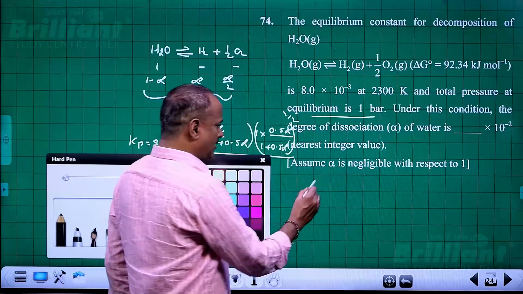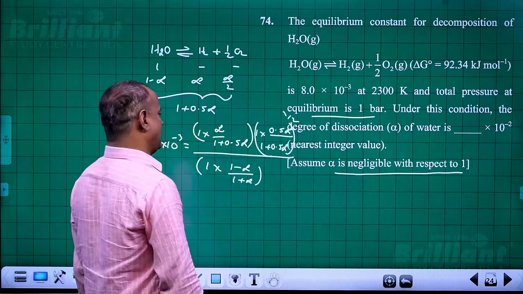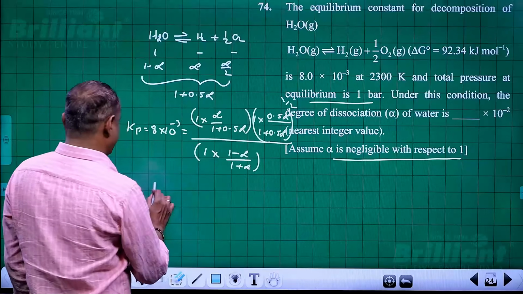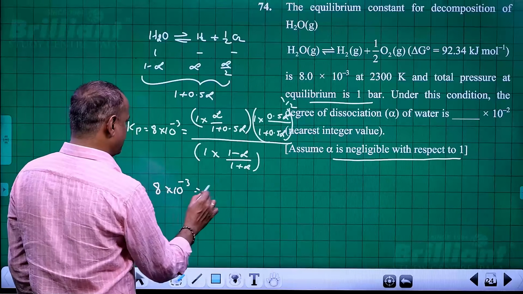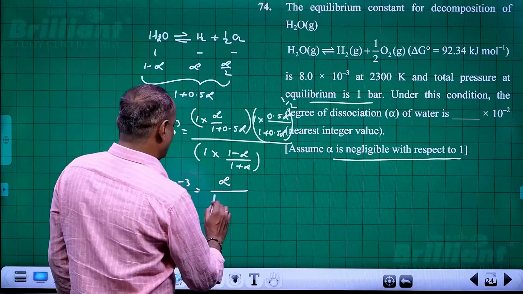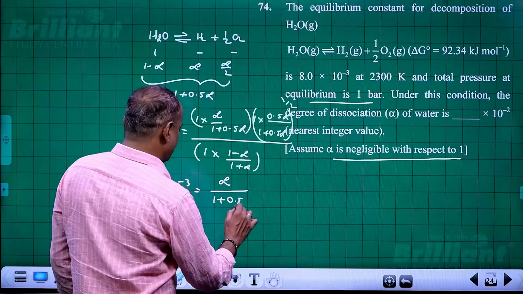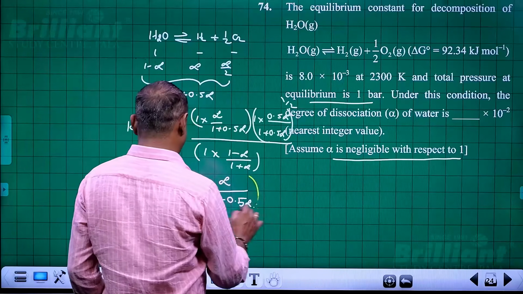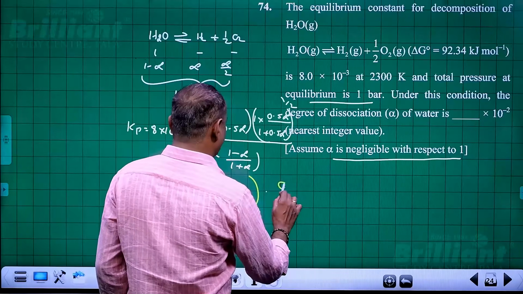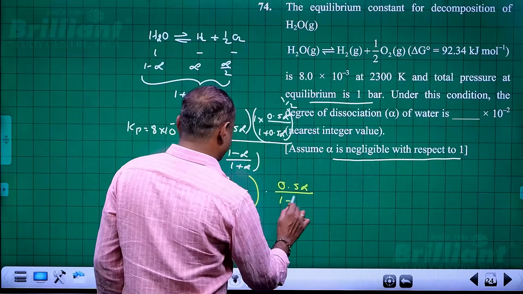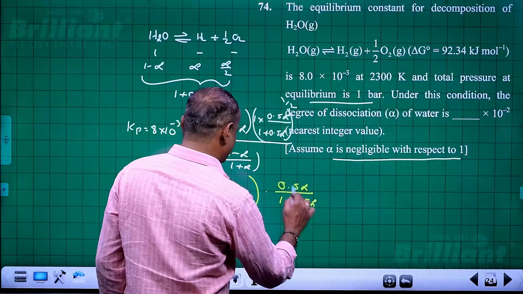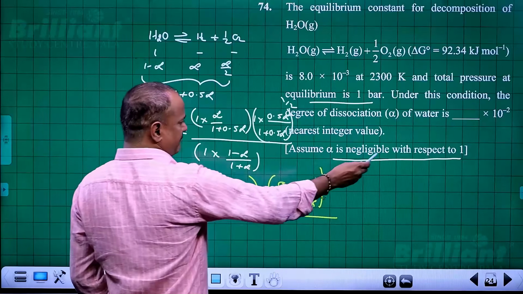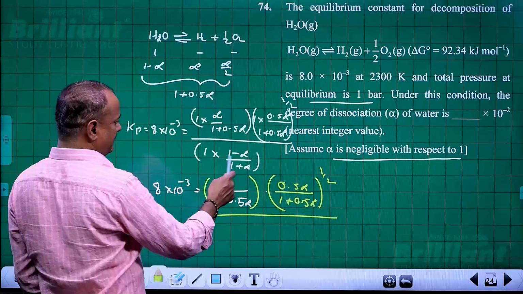Assume alpha is neglected with respect to 1. That means 8 into 10 raised to minus 3 is equal to alpha by 1 plus 0.5 alpha, times root of 0.5 alpha by 1 plus 0.5 alpha, by 1 only, because alpha is negligible compared to 1, therefore 1.